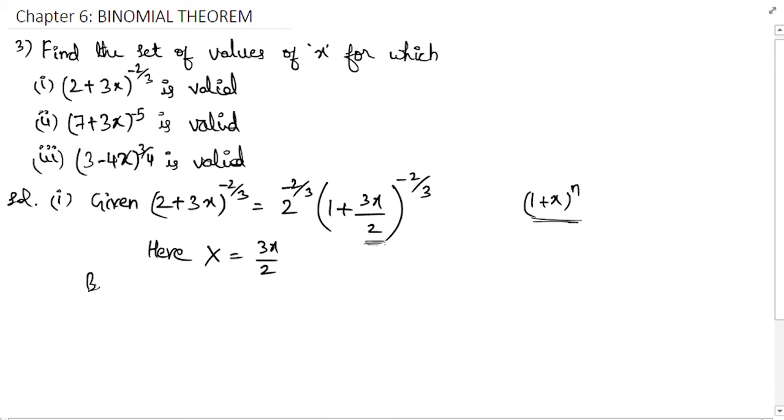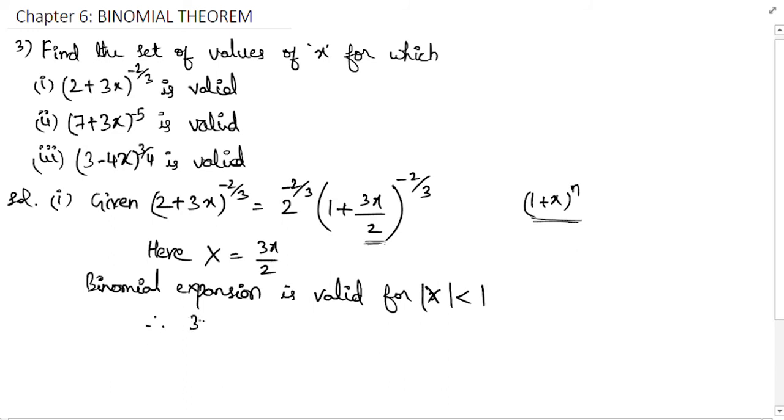The binomial expansion is valid for modulus of X less than 1. Therefore, here mod of 3x by 2 is less than 1.